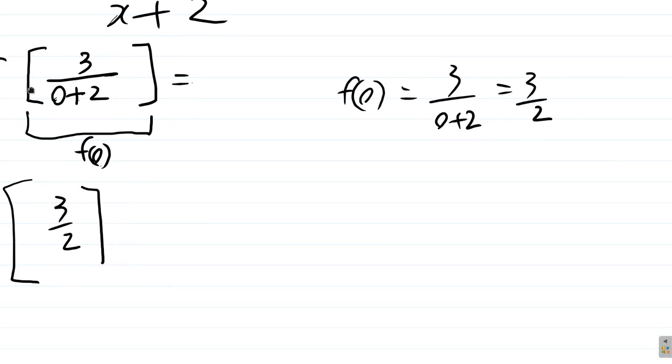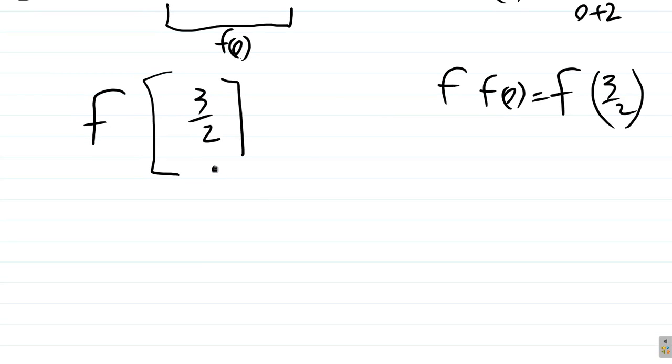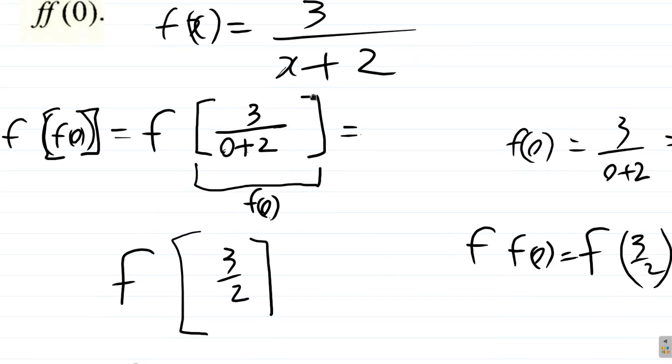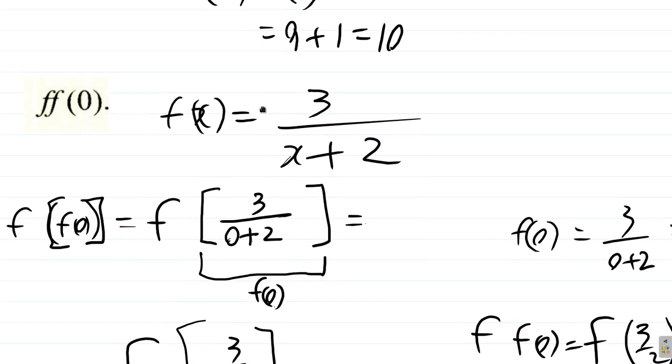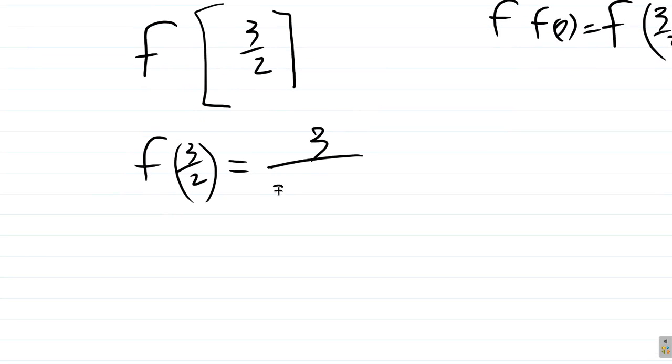Now, f of 0 means f of 3 over 2. You see that? Now what is f of 3 over 2? F of 3 halves is, now f of x is 3 over x plus 2. So f of 3 over 2 is 3 over 3 over 2 plus 2.